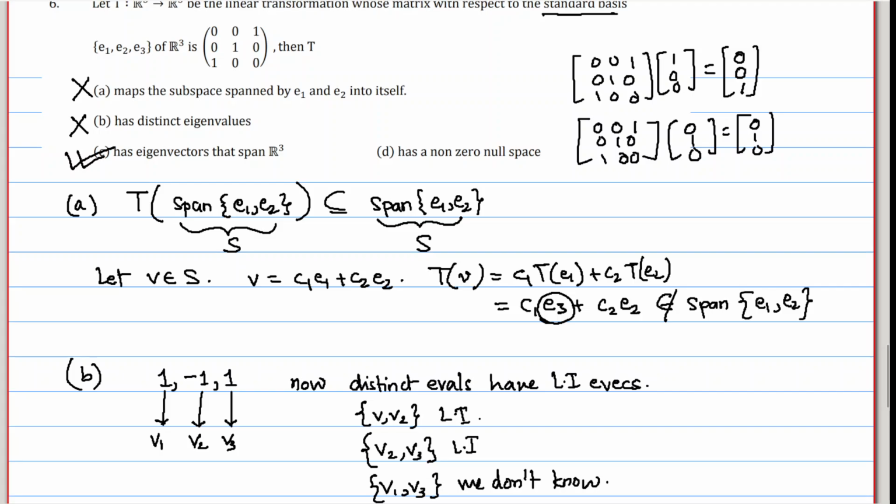The next option says it has a non-zero null space. So what is that? See, the rank of T is 3. That means the nullity of T is 0. That means it is a zero null space of the system.